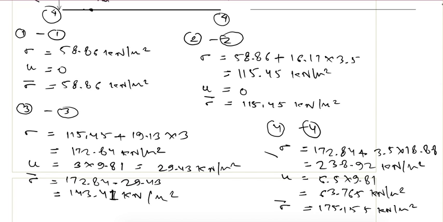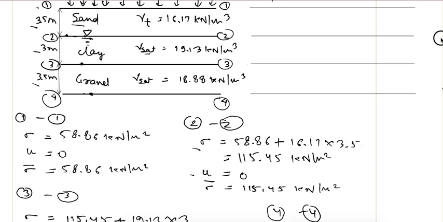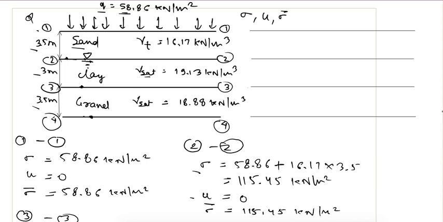Now we have all the stresses and at all the sections, so we can plot it here. So first the total stress diagram. So at 1 it is because of the surcharge, it is a constant value, and after that it increases with the slope of this unit weight of sand.